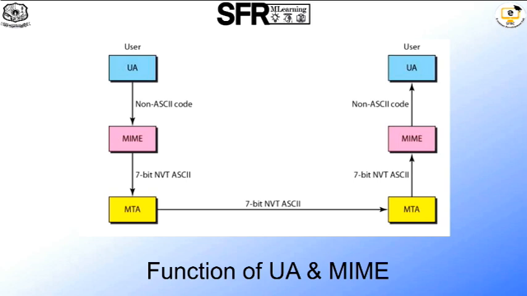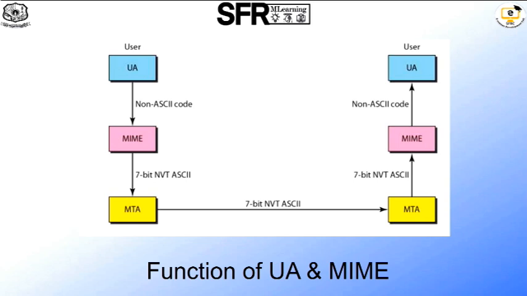Next, the function of UA and MIME. MIME, that is Multipurpose Internet Mail Extension. Here the diagram represents that the electronic mail system can send messages only in NVT 7-bit ASCII format.